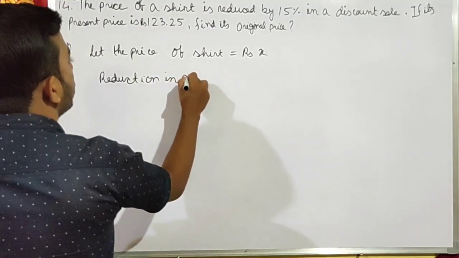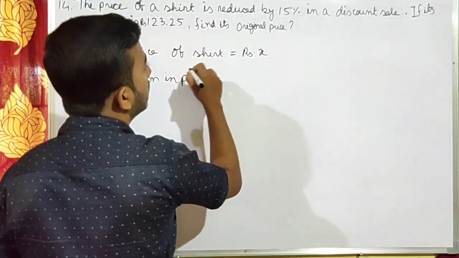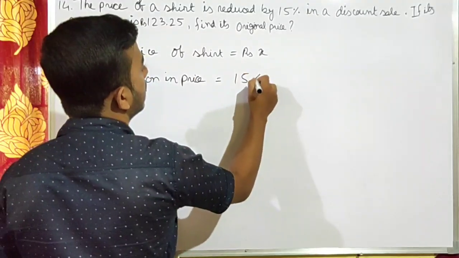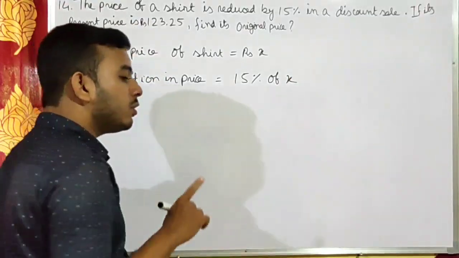Reduction in price equals 15% of X. Why 15% of X?